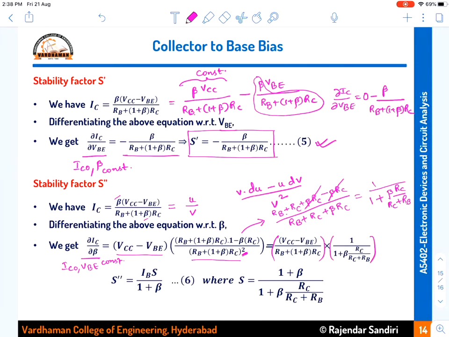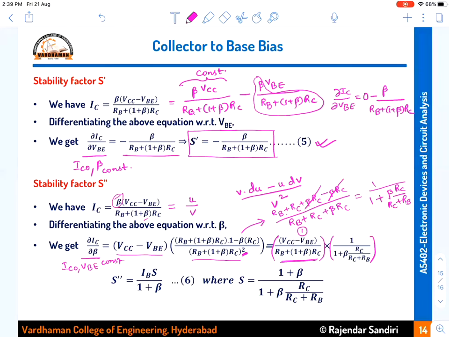Is it okay? Now this VCC minus VBE, this first bracket is there, no? VCC minus VBE by RB plus (1 + beta) RC, this term is nothing but your IB. Here IC is equal to beta times IB, right?